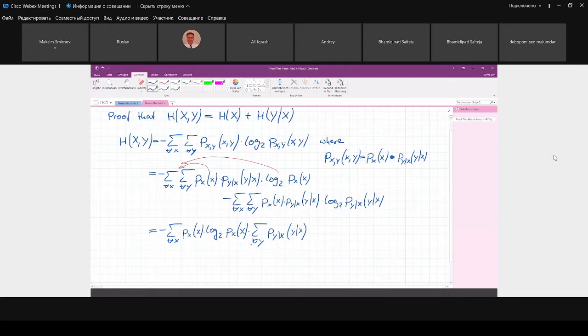Question is, what is this? I have a concrete value x, lowercase x, and then I sum up all the probabilities of y given this x. What's the result?